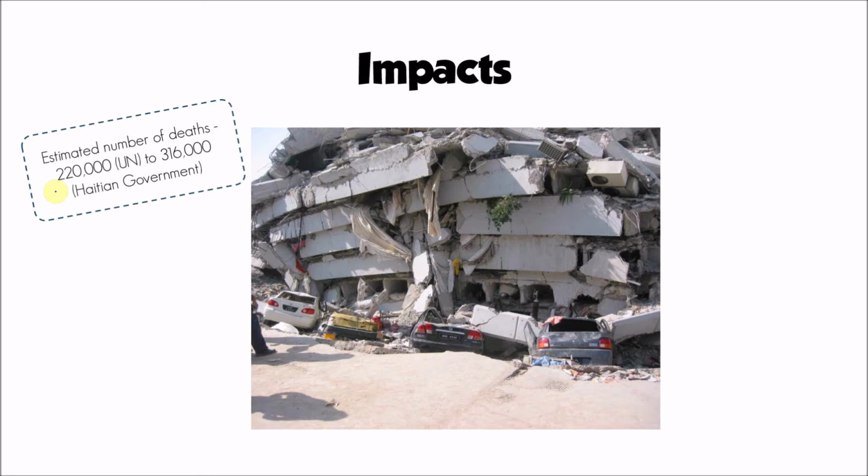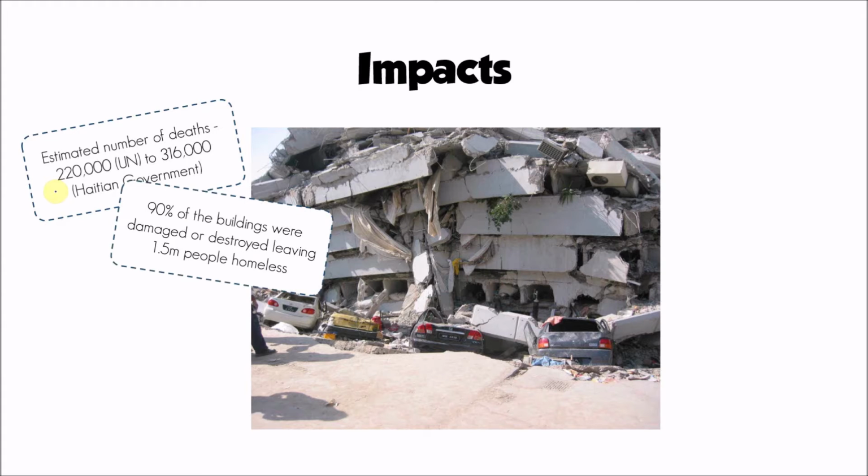It could vary for a number of reasons, but primarily down to, as we'll see a little bit later, the rapid urbanisation of Haiti, and Port-au-Prince in particular, meant that accurate records weren't really kept of how many people were living in particular buildings, and it took a very, very long time to clear all the rubble away and therefore recover all of the bodies.